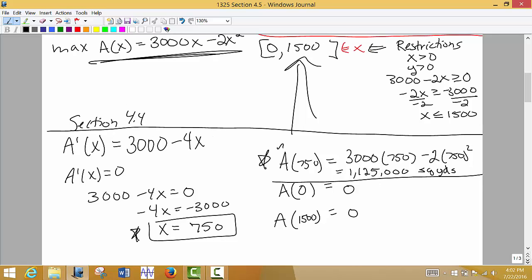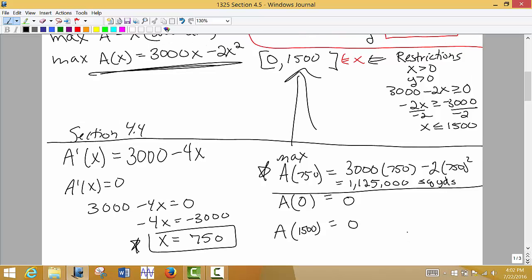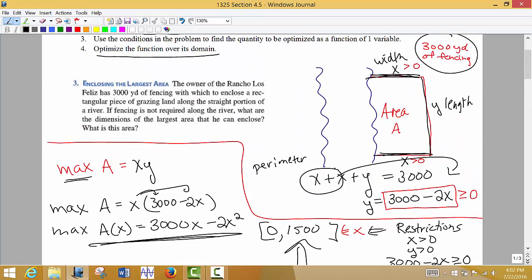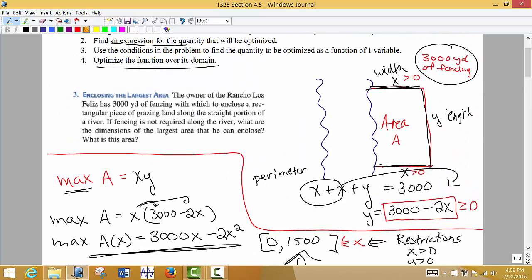So let's go back up and figure out what that means. If x is 750, going back up to the picture we drew, that means that the width of our rectangular fencing is 750 yards. And the length has to be what? Well, if y is equal to 3000 minus 2x, I can substitute 750 back in place of x.